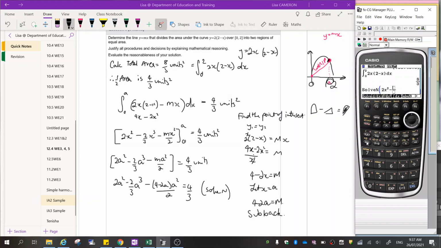Minus 2x squared over 3 minus bracket 4 minus 2a bracket x squared all over 2.